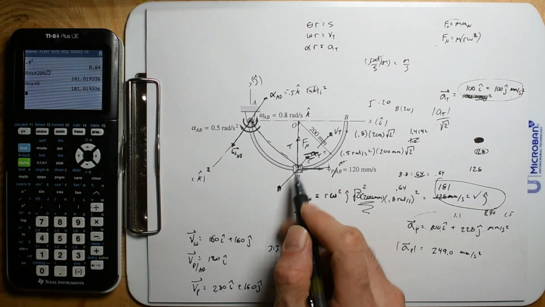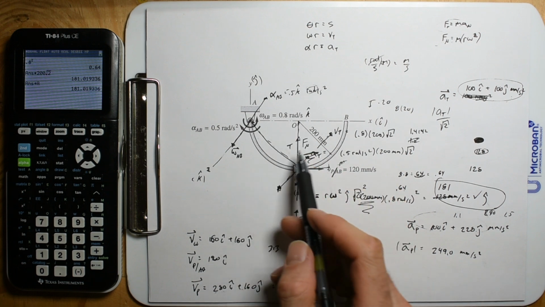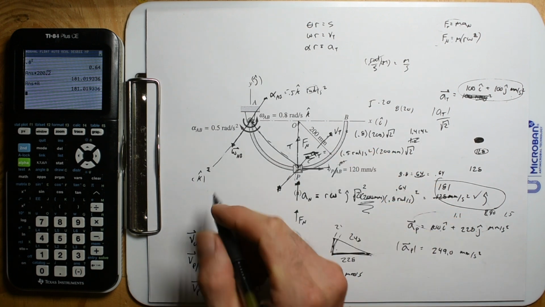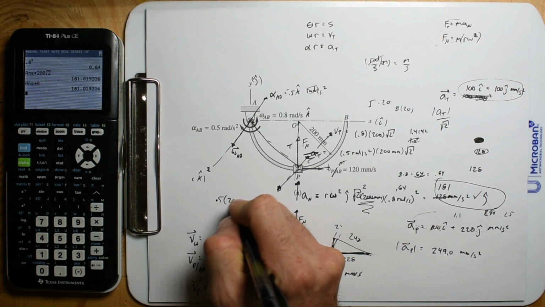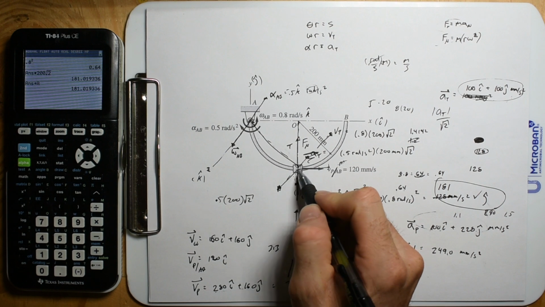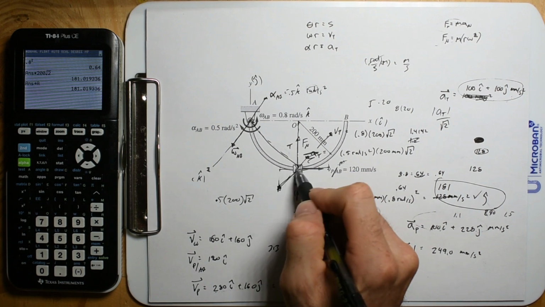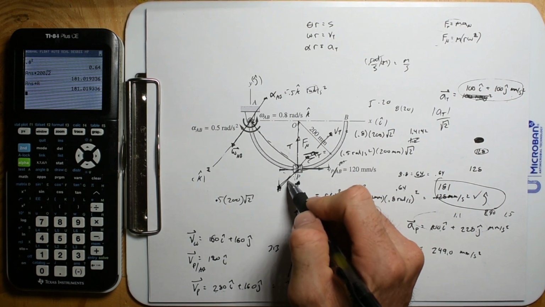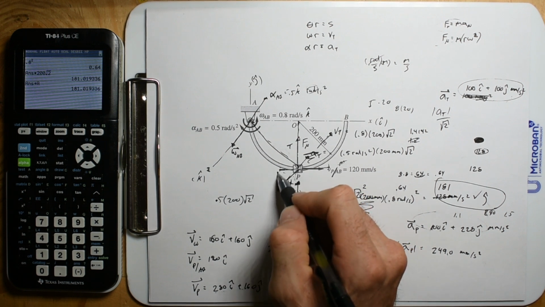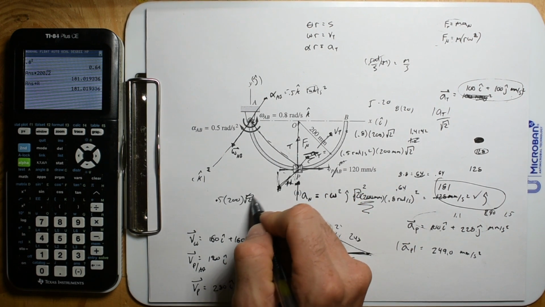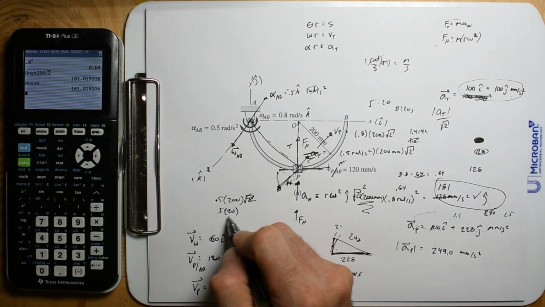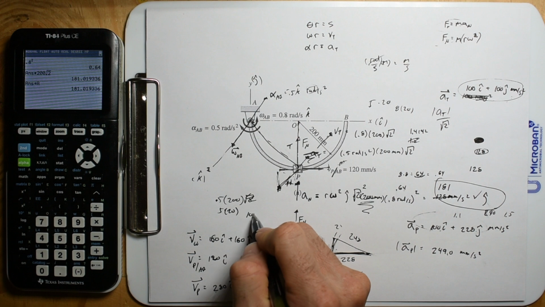Now this has two components, and it's 0.5 times the radius. So we're going to have 0.5 times 200 times the square root of 2. But this is going to give us the full magnitude. It's a 45, and so to get the components, we're going to take the hypotenuse, that bigger number, and then divide by the square root of 2 to get one of these sides. This is the same thing as 5 times 20, and then 5 times 2 is 10, so this is 100.